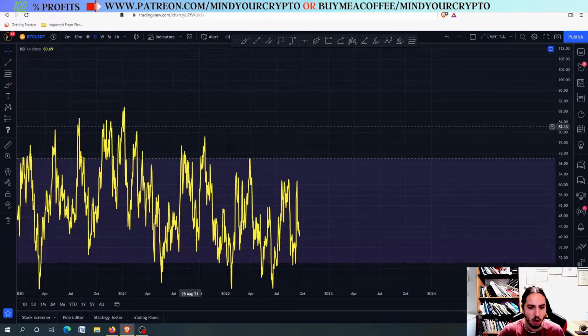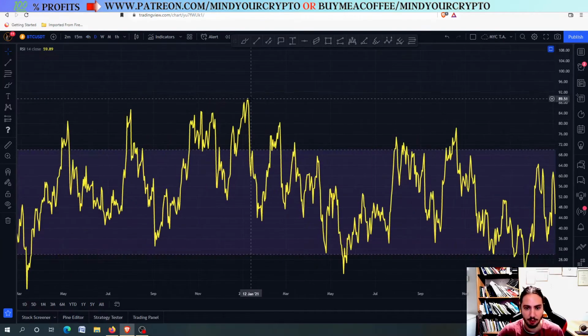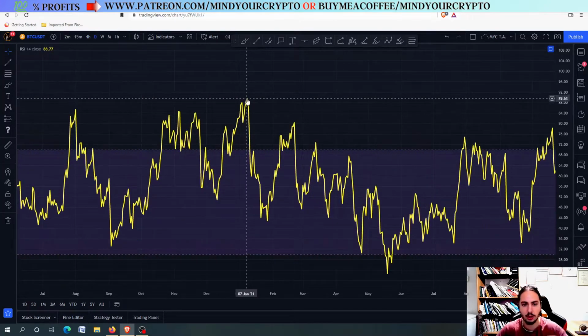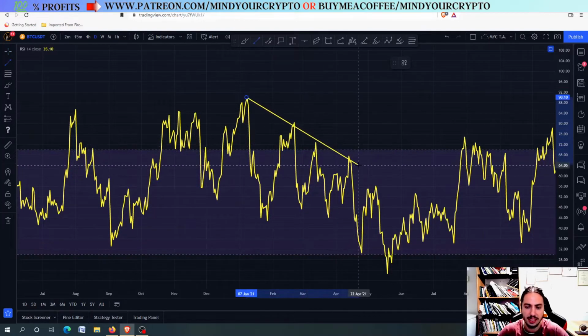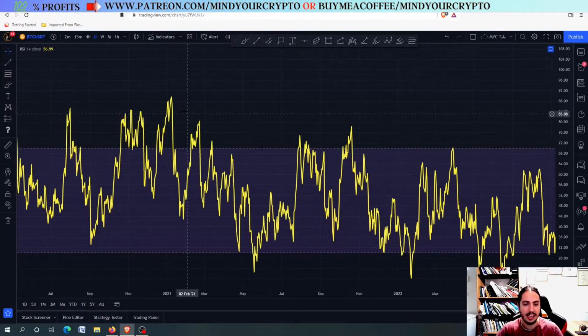If we go back, for example, into the daily frame for Bitcoin, you can see that right here back on 10 January 2021, we were forming continuous bearish RSI divergence, following into the crash of April-May 2021. We had multiple bearish RSI divergences that told us we should be exiting the market.